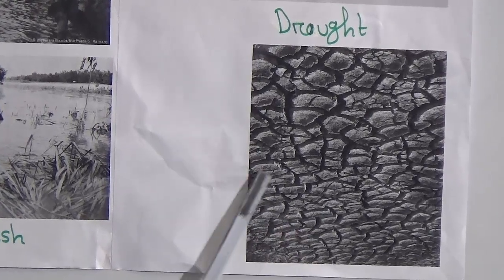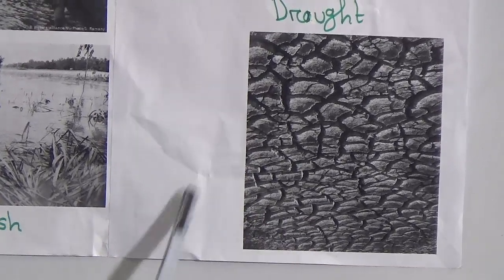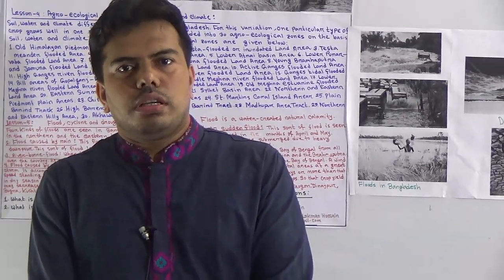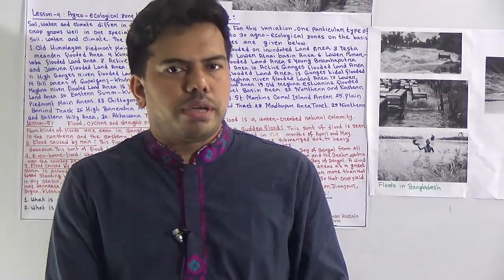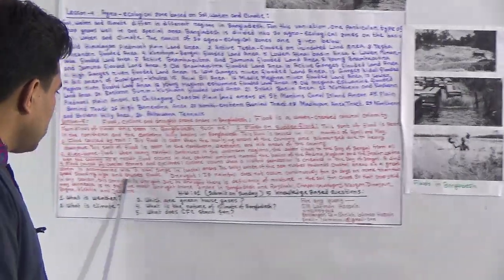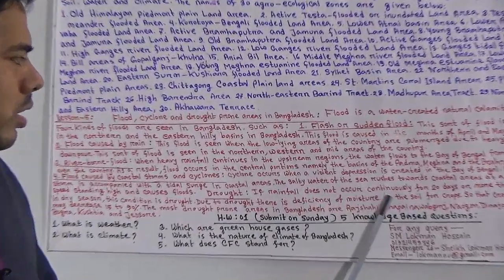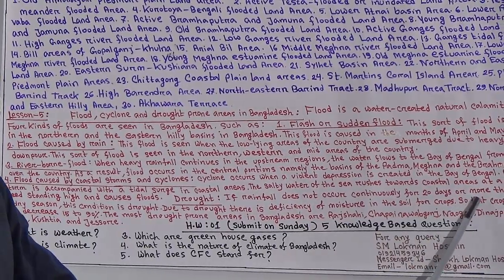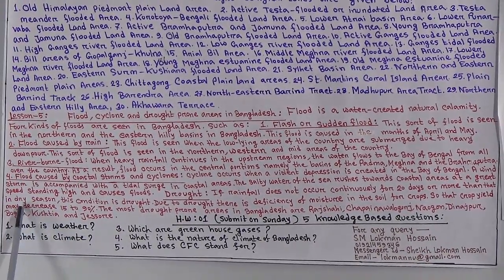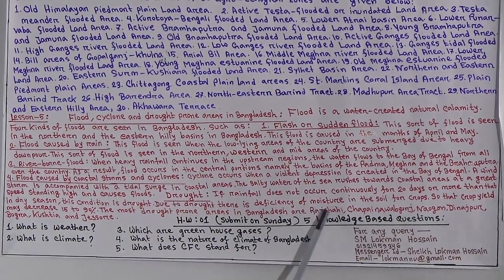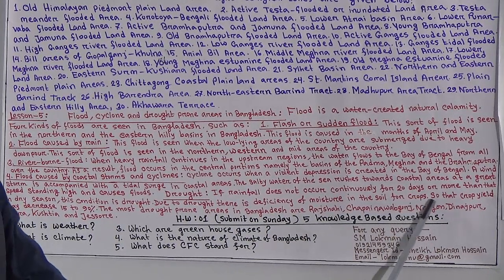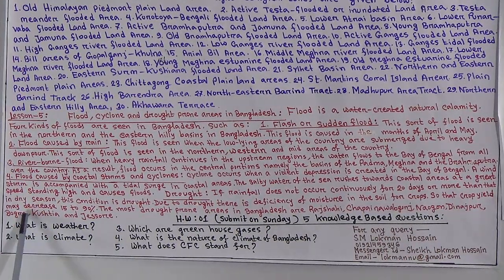It happens in our dry season. It happens due to discontinuity of rain. If it doesn't rain for more than 20 or 25 days, then it happens. Drought: if rainfall doesn't occur continuously for 20 days or more in dry season, this condition is drought. Due to drought, there is deficiency of moisture in the soil for crops, so that crop yield may decrease 15 to 90%.